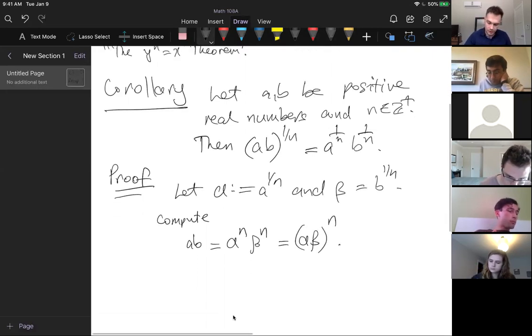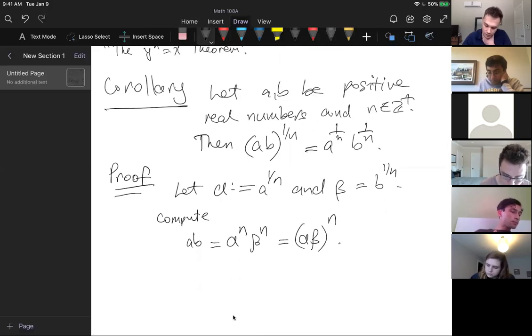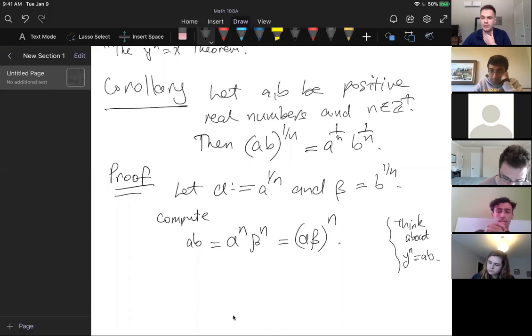And so if we think about the equation y to the n equal to ab, the theorem from last time guarantees that there's a solution and it's unique. And so we know that alpha times beta satisfies this equation and it's unique by the theorem.